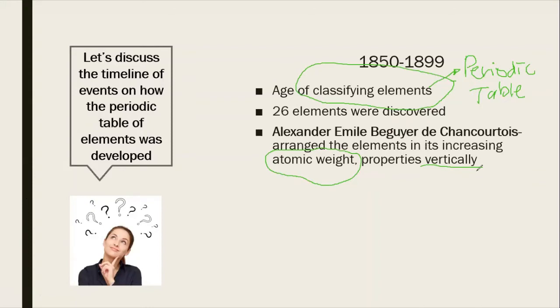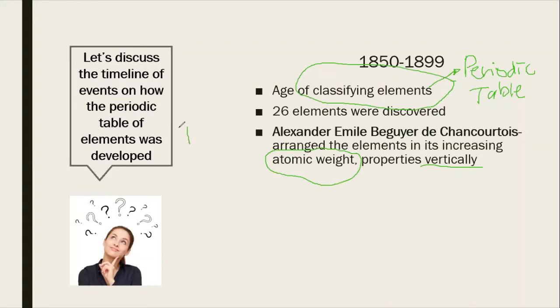At ano ang ginamit niya sa pag-arrange ng elements? Yung atomic weight. Kasi ang sabi niya kasi may mga properties itong mga elements na ito, and at the same time they are in increasing atomic weight. Since similar yung mga properties niya, he tried to arrange it in his own periodic table in a vertical manner. So anong tawag doon sa periodic table na kinontribute ni Alexander de Chancourtois?